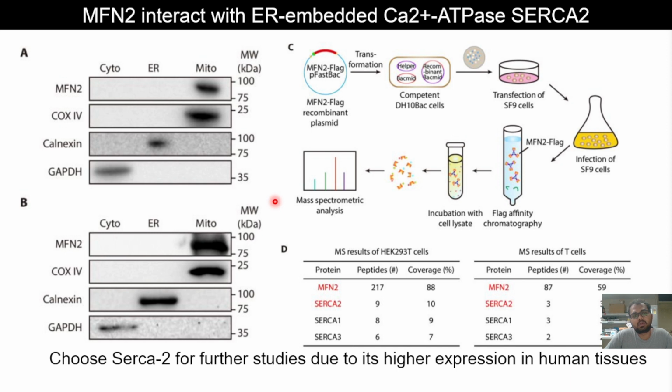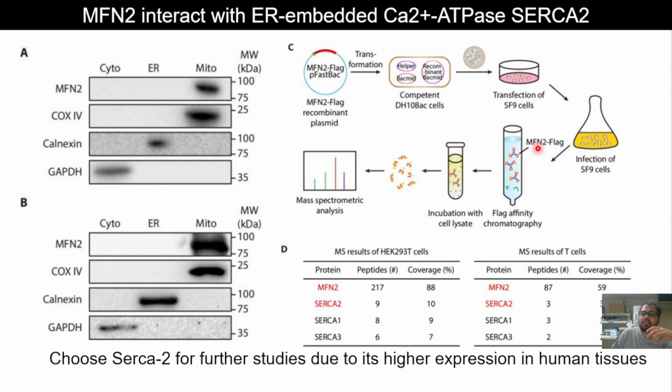So further, what they wanted to know is what are the partners which are binding with this MFN2. To know that, they used this MFN2 plasmid, and they made competent cells, and then they transfected it in Sf9 cells.